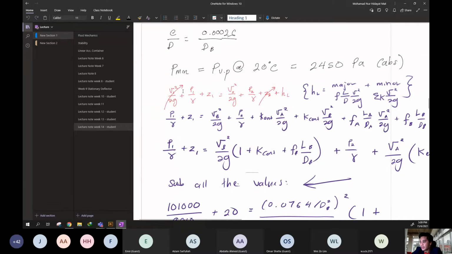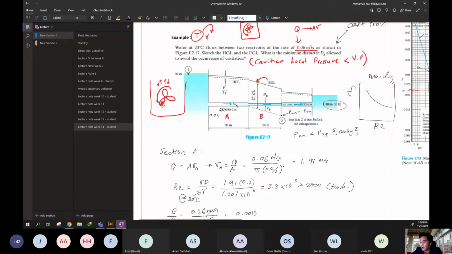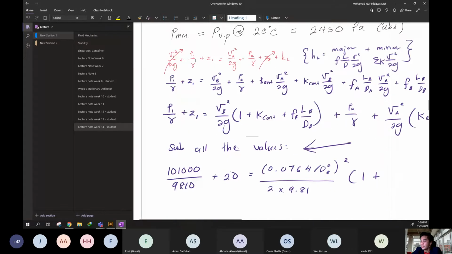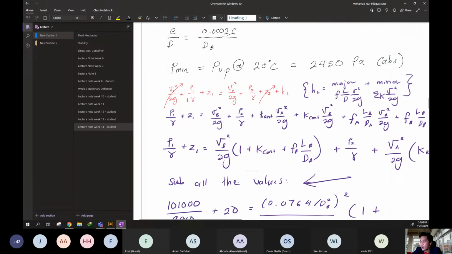The velocity at the surface, V1, is 0 because it moves very, very slowly. Then we are left with P1. P1 should not be 0 because it is an absolute pressure, so we have to include the absolute value.